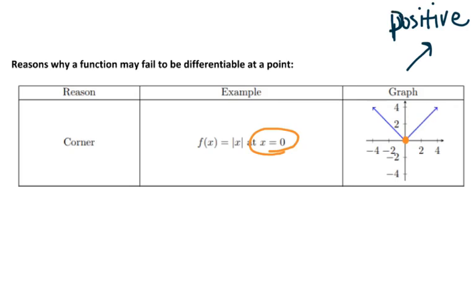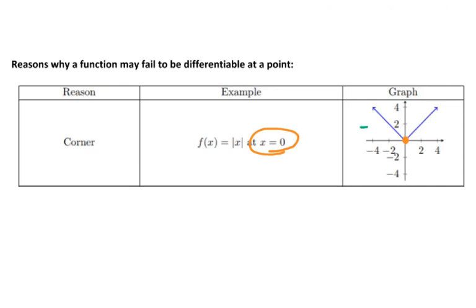Because this is a positive slope and a negative slope, going down to the right, whether we know the value of it or not is really not relevant, although we do because it's just the absolute value of x. But the fact that one is positive and one's negative means that they can't be the same.